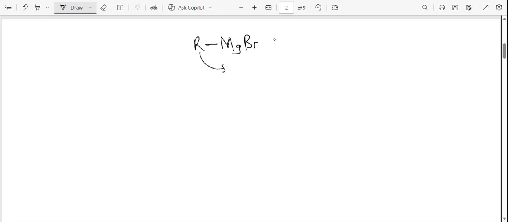Suppose they were reacting with, let me just draw this as pentane. The pentane will be attached there, and they will remain with magnesium 2 plus, and then bromine like that. That's how we'll be finding this.